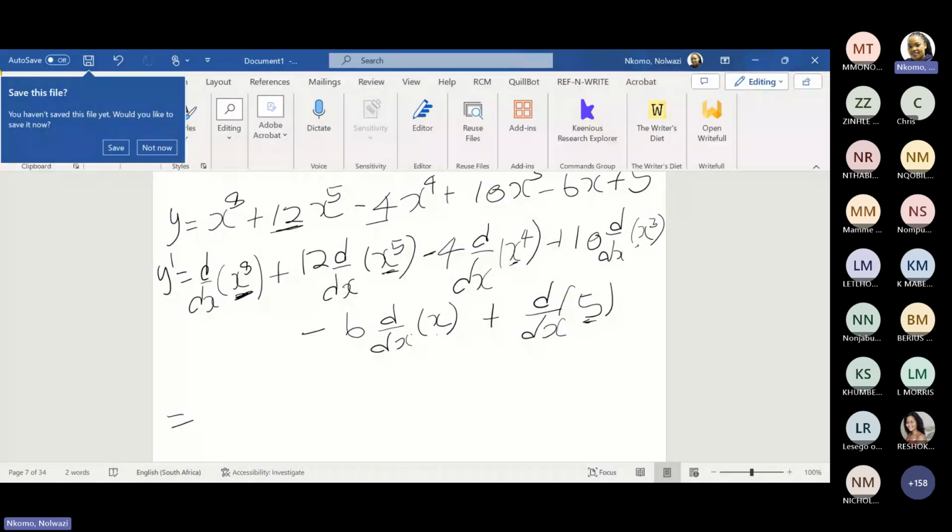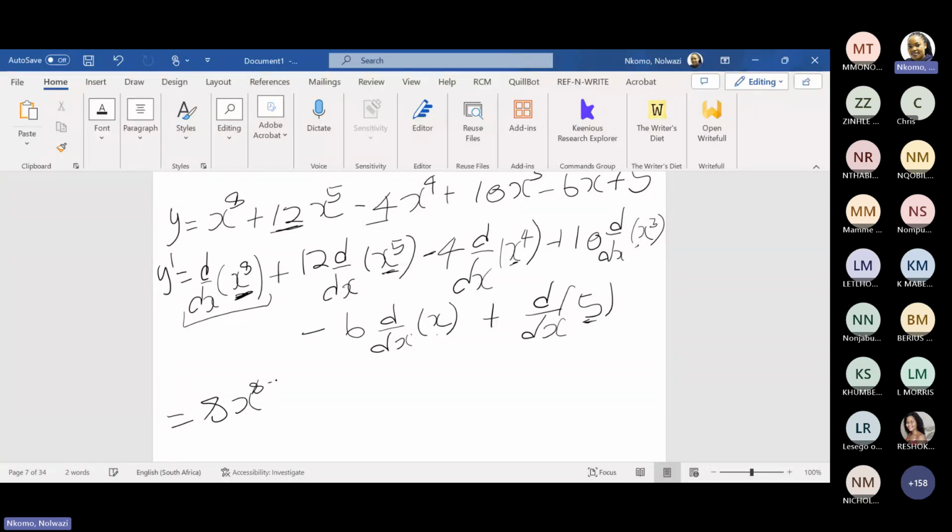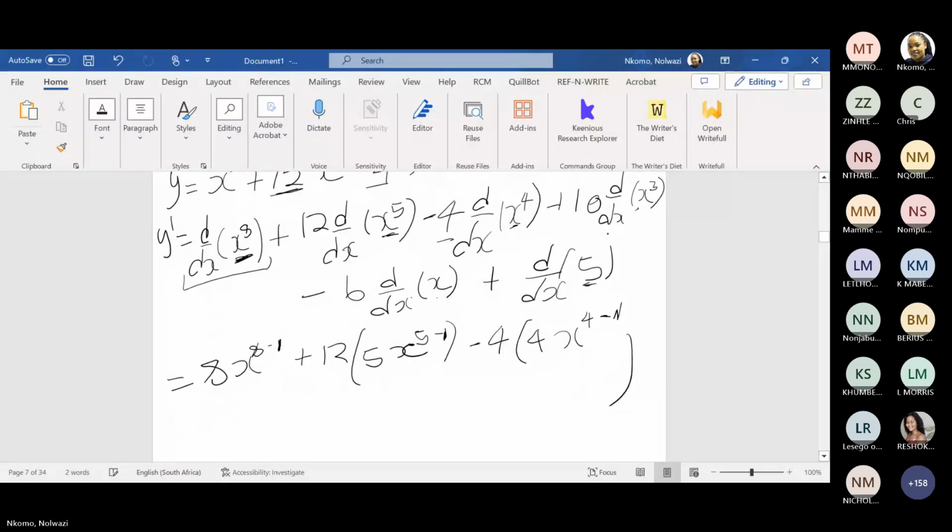If we apply the power rule, we'll have 8x to the power 8 minus 1, then 12 times 5x to the power 5 minus 1, minus 4 times 4x to the power 4 minus 1, plus 10 times 3x to the power 3 minus 1, minus 6 times x to the power 1 minus 1.